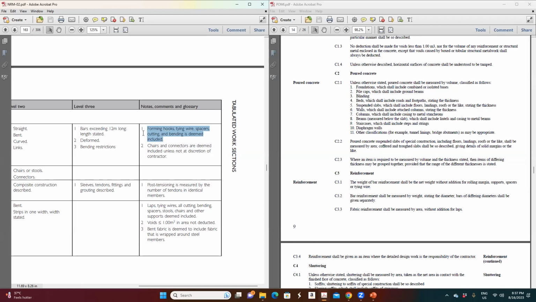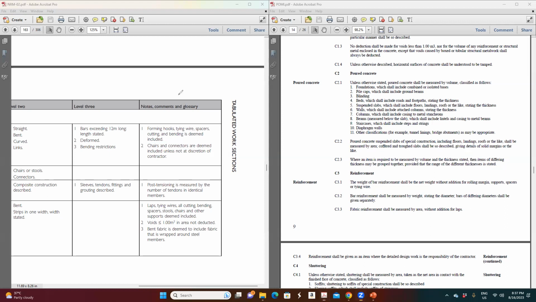So when you're pricing the bill of quantity, you cannot measure separately for this spacer bar, cutting and bending, and tying wires, because in a huge project, tying wire itself will come as 2-3 ton of cost, you know. So you cannot ask separately, as this is only the net weight of the bar. Okay, chairs, connectors are deemed to be included unless not at the discretion of the contractor. This is also another one.